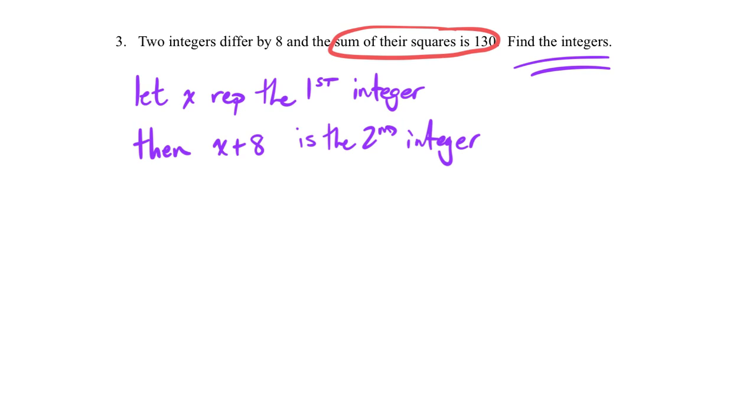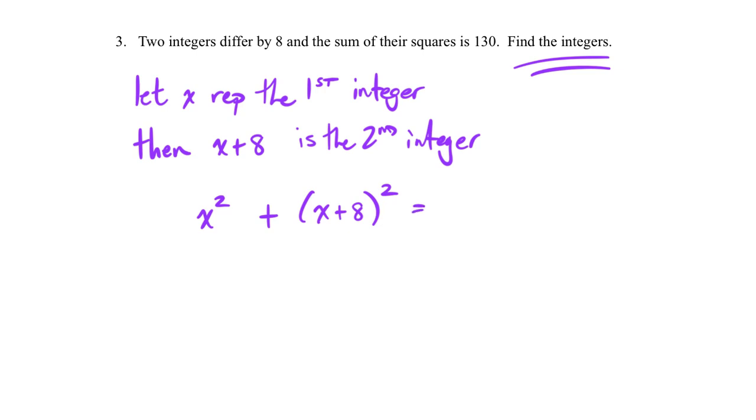So I'm going to translate that exactly as written. The sum means add, their squares. So take the first thing and square it. Take the whole second thing and square it. Is means equals, and there is your total, 130. The sum of their squares is 130. There we go.